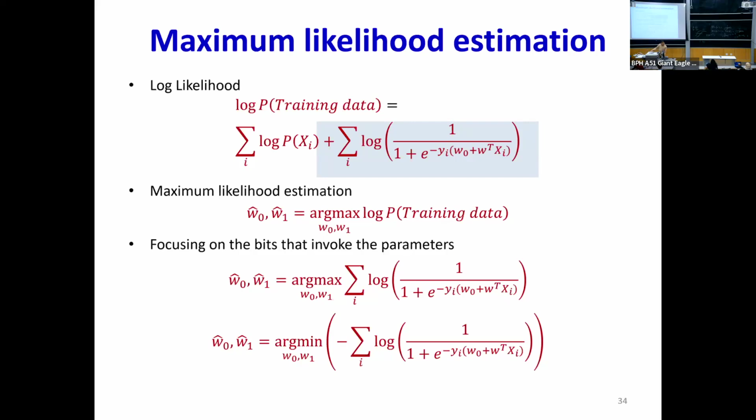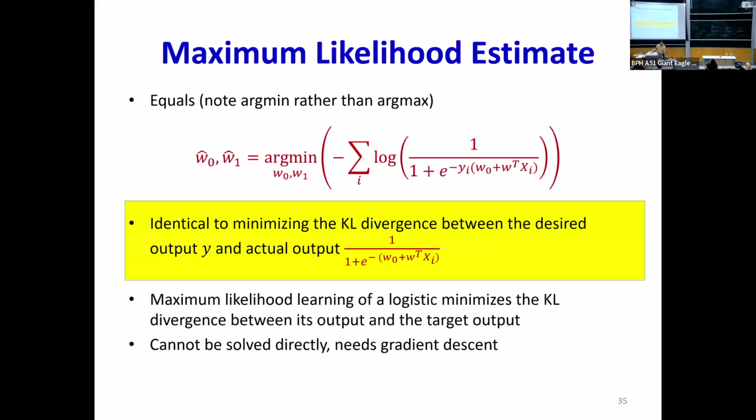And if you look at the equation at the bottom, you would recognize this as just the KL divergence between the output of the logistic function and the actual probability of y given x. And so what we find is that when you perform maximum likelihood training of the logistic function using your training data, which is a very standard and fairly rigorous statistical procedure for learning probabilistic models, you end up doing exactly the same thing that you would do when you're minimizing the KL divergence or the cross entropy.